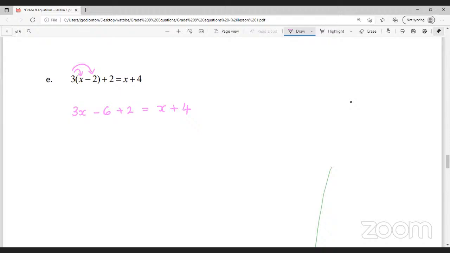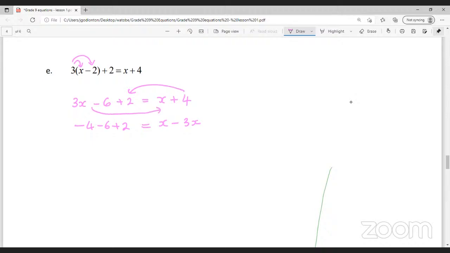Then I swap the 3x and the 4. So on the left, it would be negative 4 minus 6 plus 2. Good. And on the right, x minus 3x. Well done. On the next line, it would be negative 8 equals to 2x. Is it 2x?